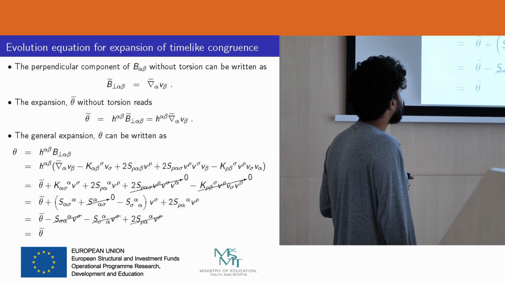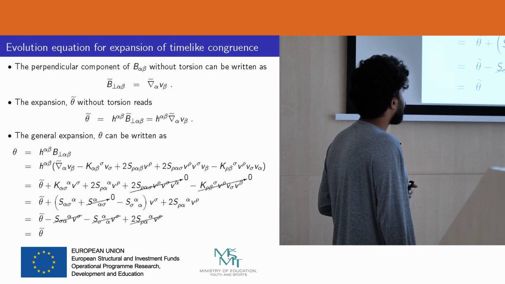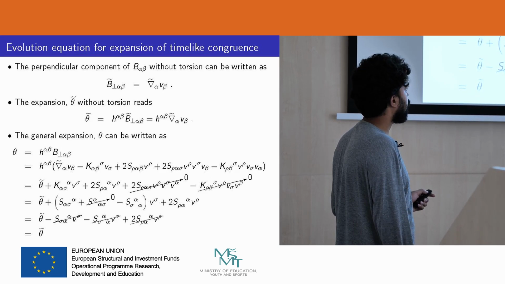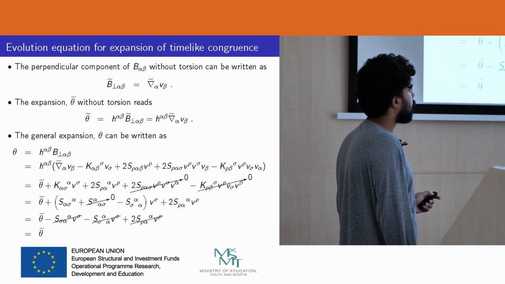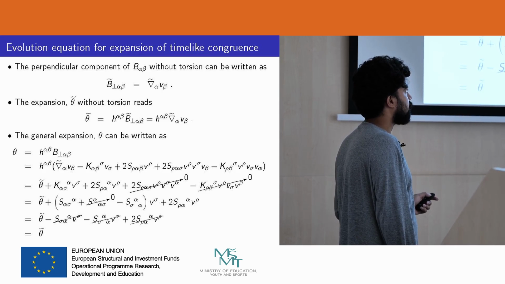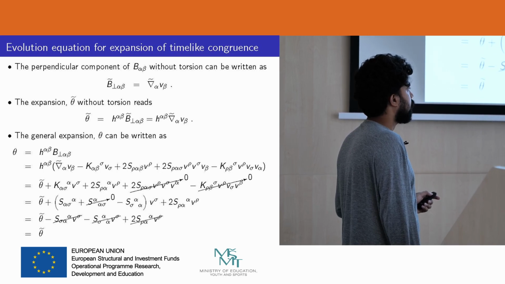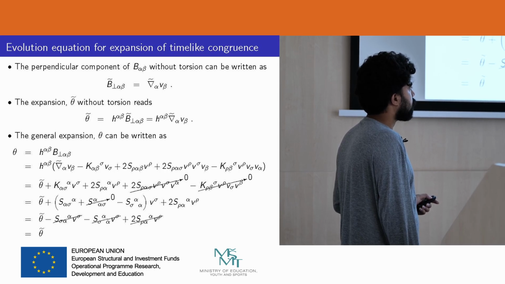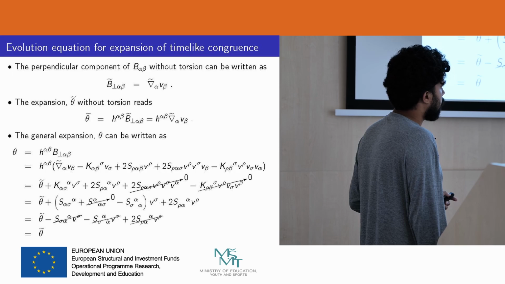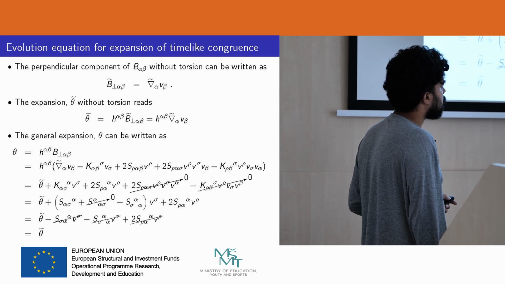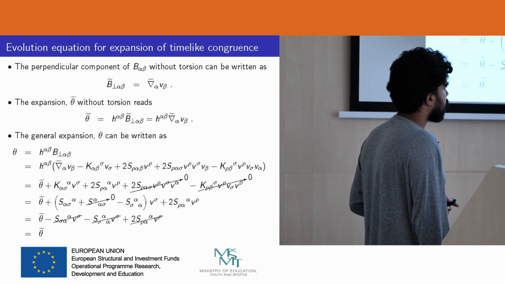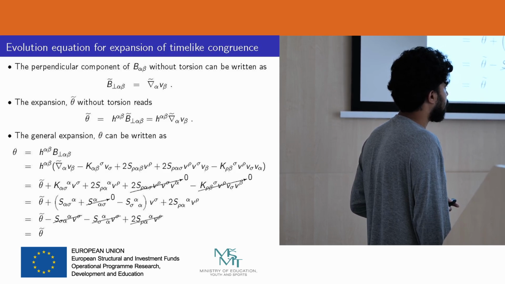Theta tilde is the without-torsion case, and then we have some correction due to the presence of torsion here, and also here. We can use the same property that S is antisymmetric in its first two indices. So if we contract with V rho V alpha, that is 0, and also this contortion tensor K is antisymmetric in its last two indices, so if we contract with V sigma V beta, that is 0.